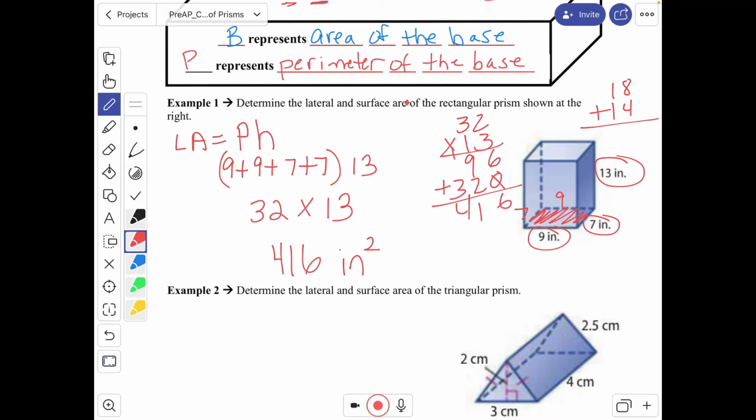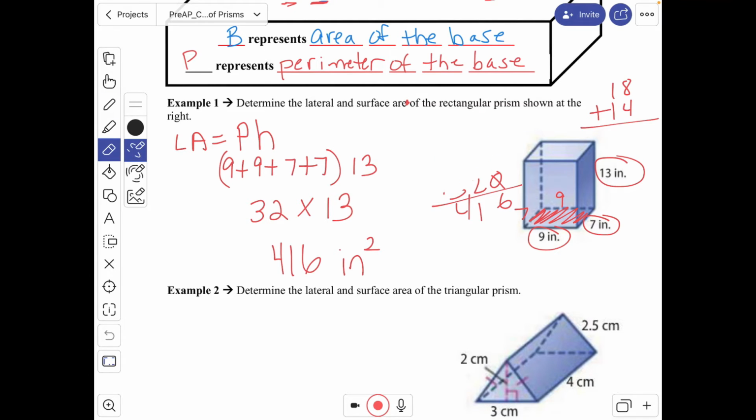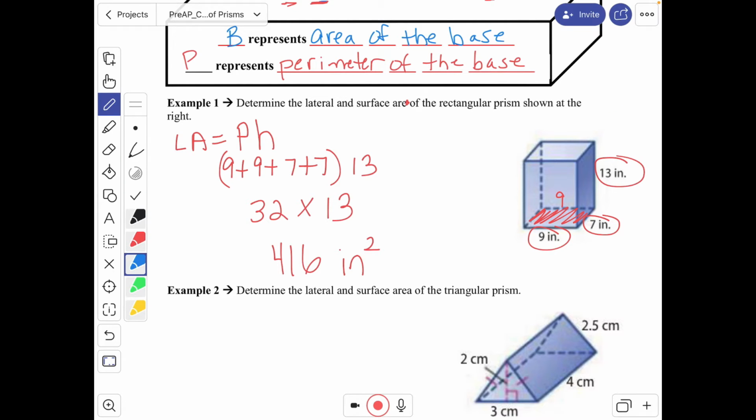I've kind of run out of room, so I'm going to erase some of this work. And the only difference with surface area, we still need perimeter of the base times the height plus 2 times area of the base. Well, I just found out what that is, perimeter of the base times the height. It's 416, so I'm going to plug that in, plus 2 times area of the base.